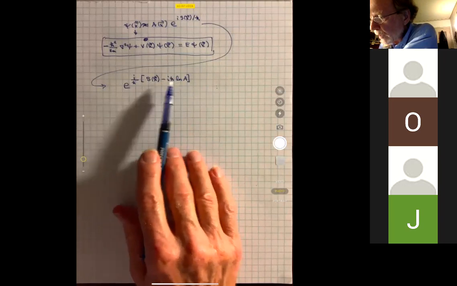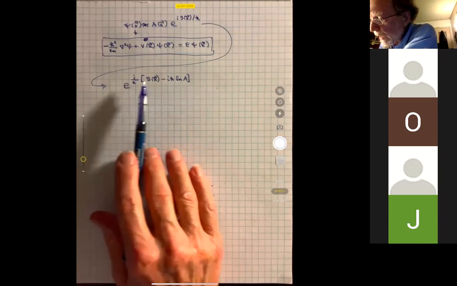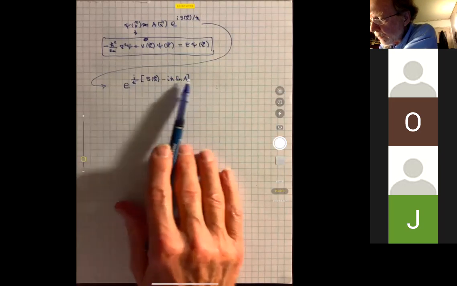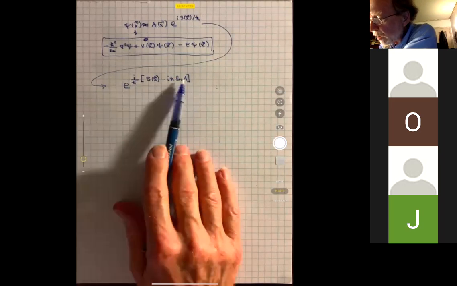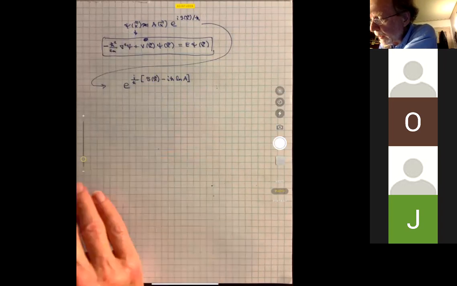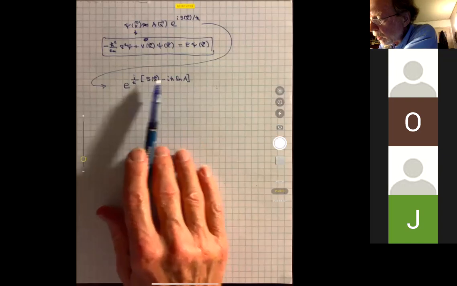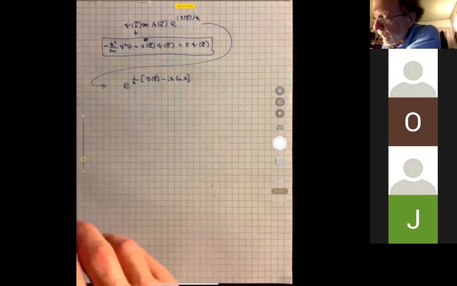It sort of looks like the beginning of a power series in h bar. The thing in the square brackets is, apart from the i over h bar, essentially the logarithm of the wave function psi, as you can see. So what's beginning here is a power series expansion of the logarithm of the wave function.